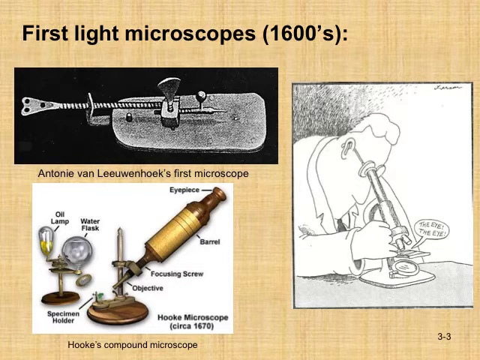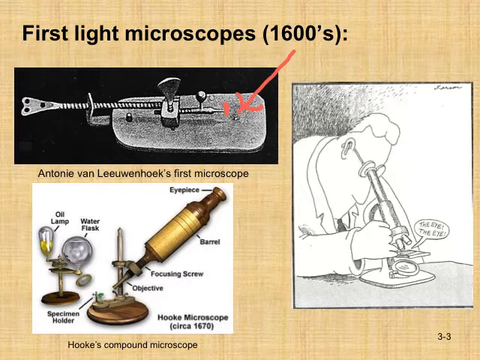A very simple microscope, and he put his little polished biconcave lens in the center of a slab of wood, and then he'd put his specimen on the end of this pointed probe, move it in front of his lens, and hold that up to his eye.